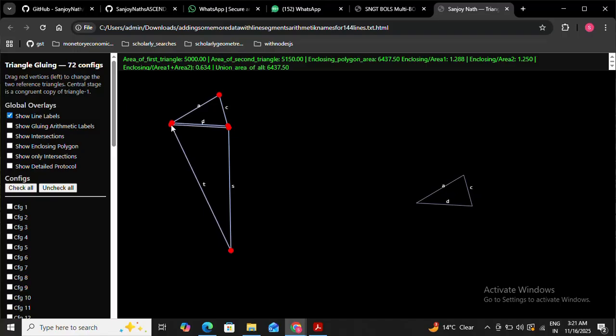Sometimes we will want to show you that this same triangle D is gluing with some other line segment of the second triangle. That means the construction of the similar triangles, the second triangle is glued over the first triangle, and we want to show the nature of this behavior of this gluing with the multiple symmetries on 2D Euclidean plane.